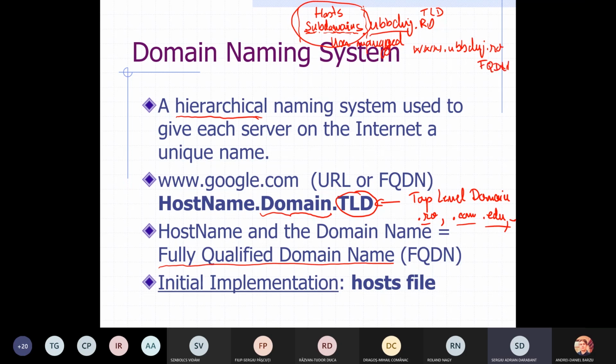We can refer to this machine by a single simple name, local www, but this will only have meaning inside our domain. It will be the machine which is the web server for our domain. It doesn't have any meaning outside our organization, because there are many other wwws for all the other domains that exist.